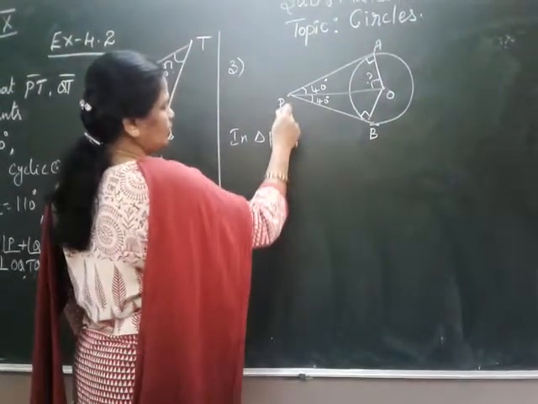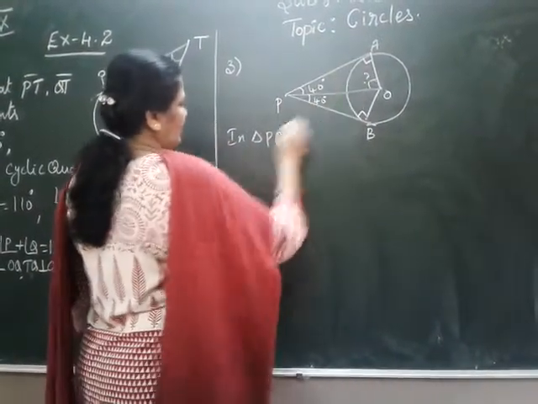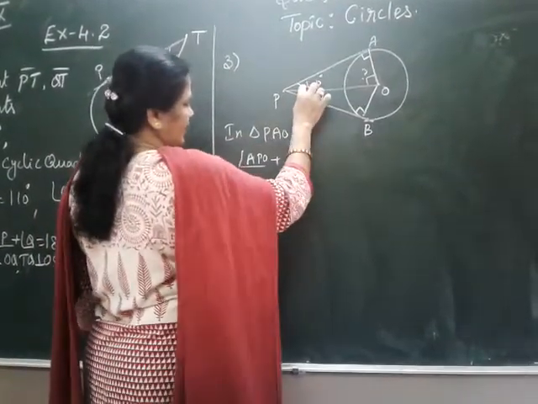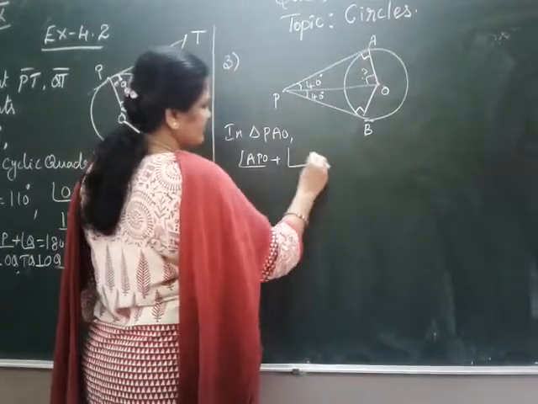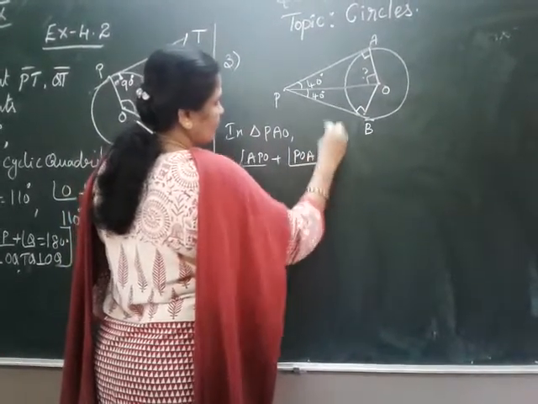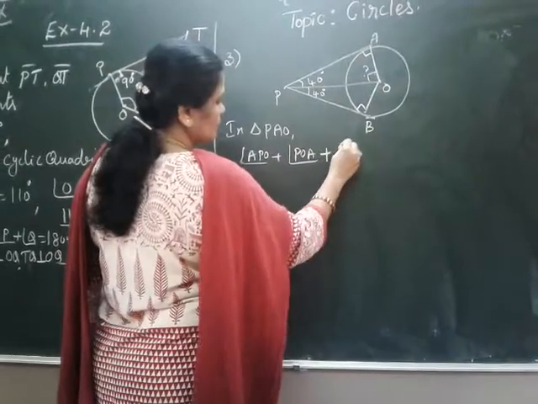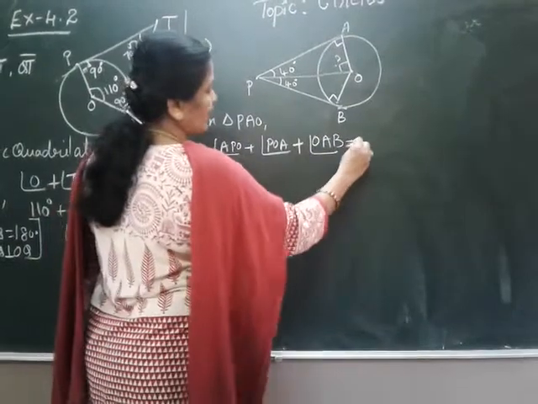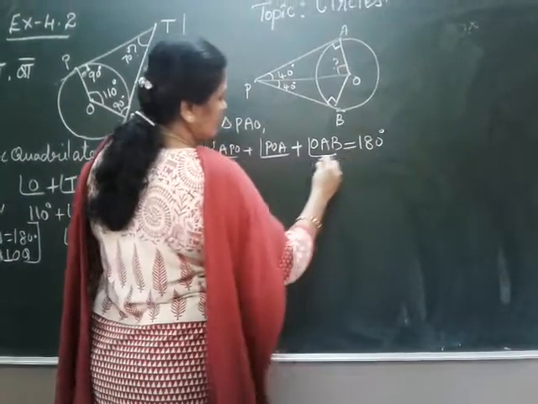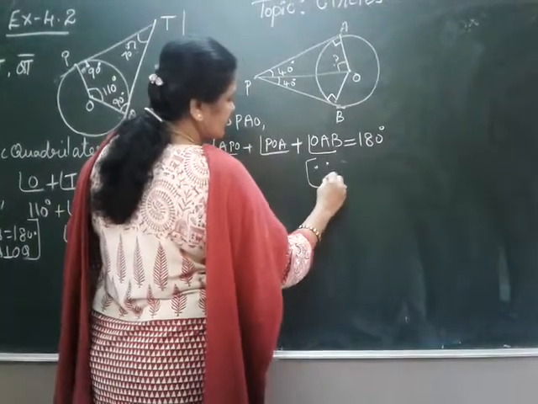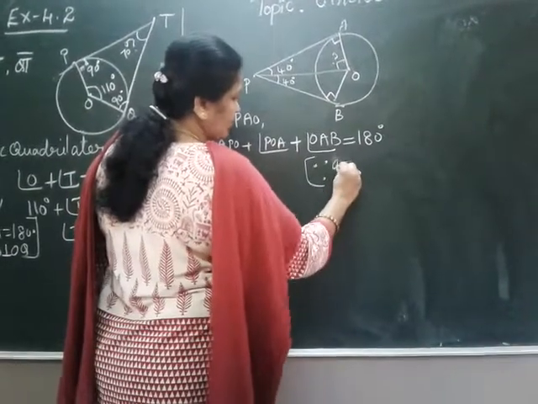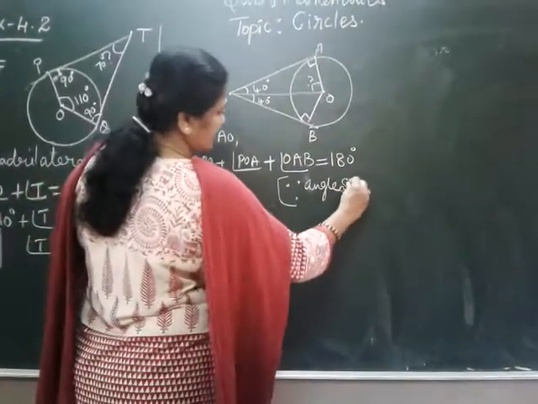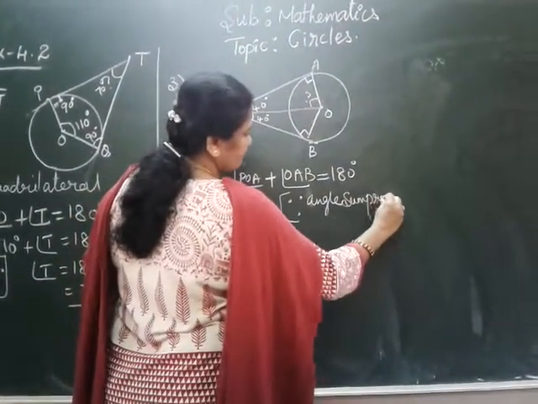In triangle PAO, angle APO plus angle POA plus angle OAP should be equal to 180 degrees. The reason is the angle sum property: the sum of the angles in a triangle is equal to 180 degrees.